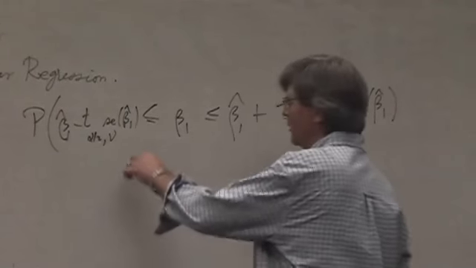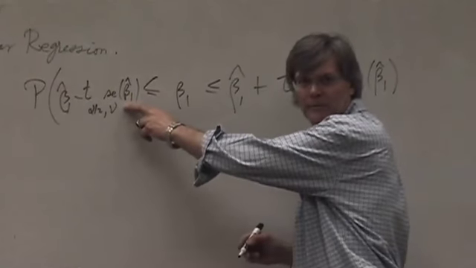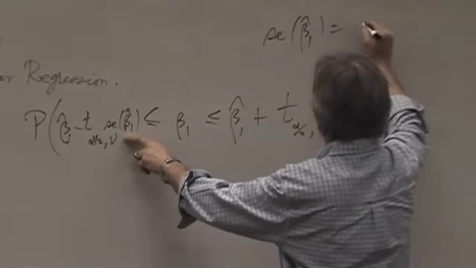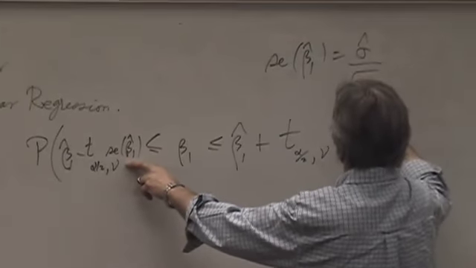What's in the standard error of beta 1 hat is the sigma hat and the SXX. The standard error of beta 1 hat is sigma hat divided by the square root of SXX.